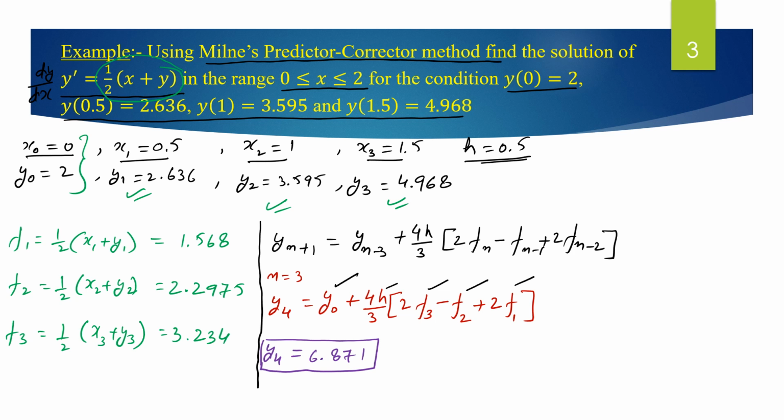Now we have to use the corrector formula. Before using it, we require f4. f4 is 1 by 2 x4 plus y4, that will be 4.4355.